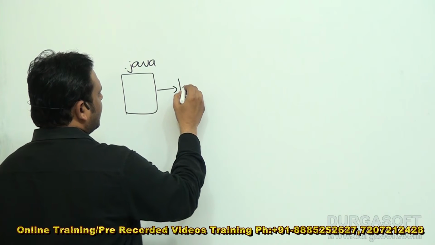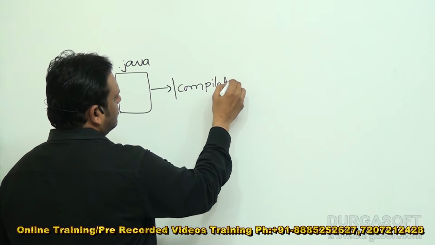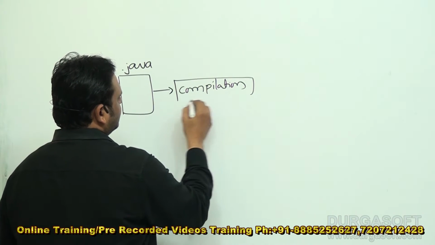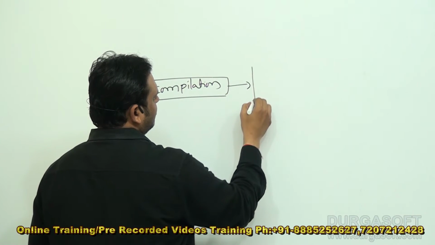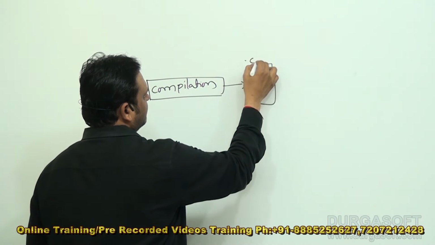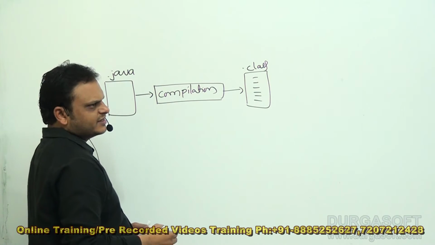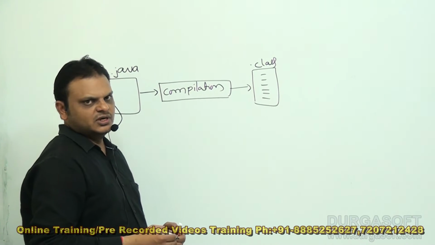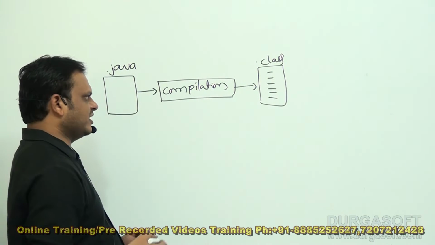I want to compile this. This is compilation. When we compile this, automatically we get a .class file. In case of C and C++, we get a .exe file after compilation. But in the case of Java, after compilation, we get a .class file.